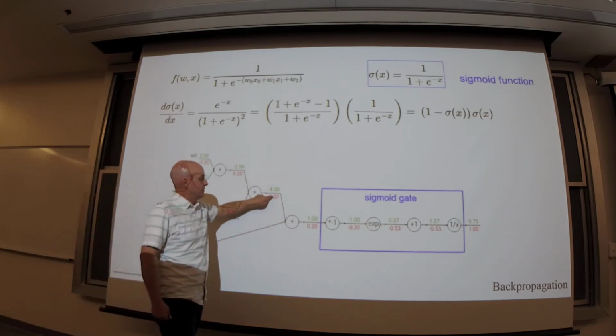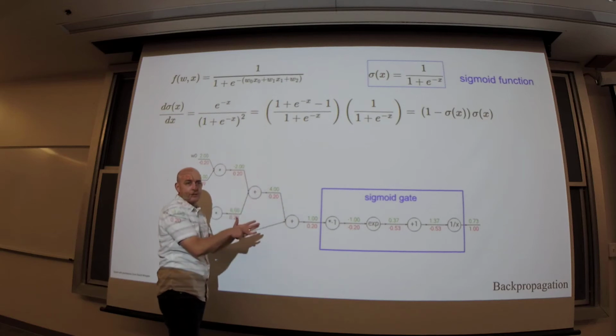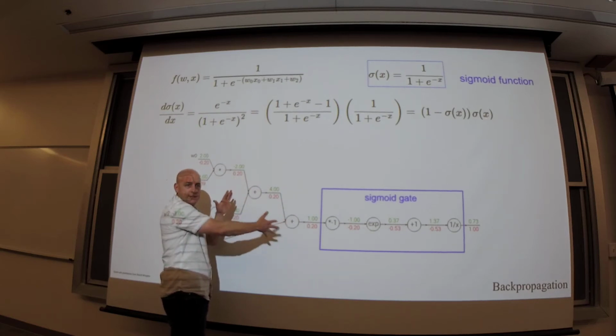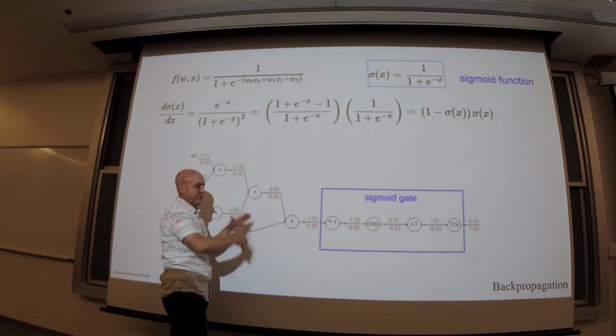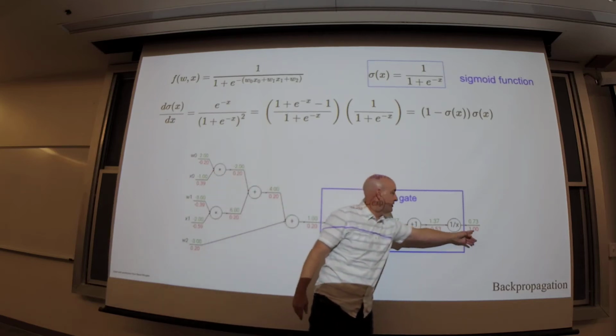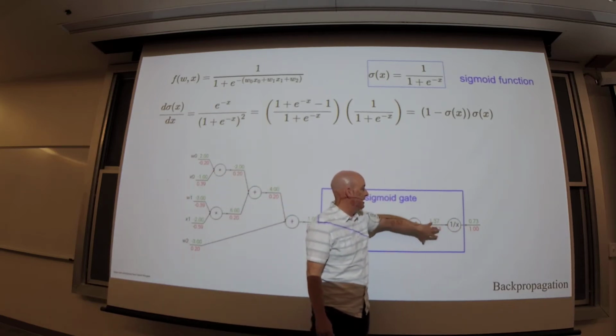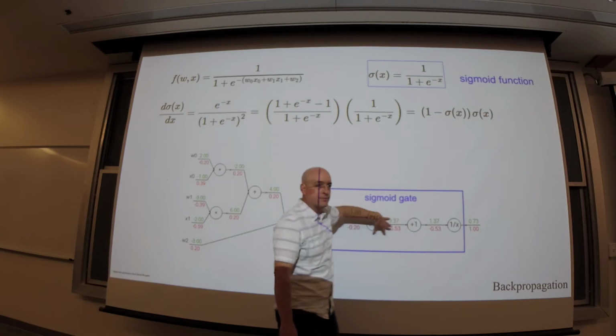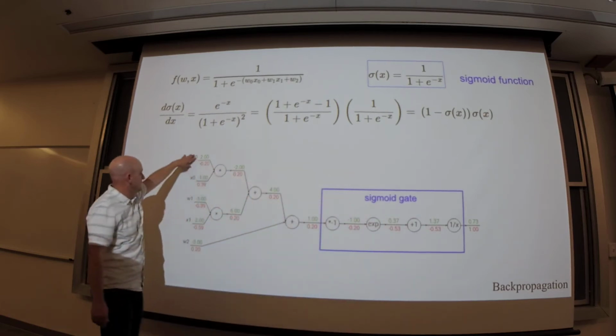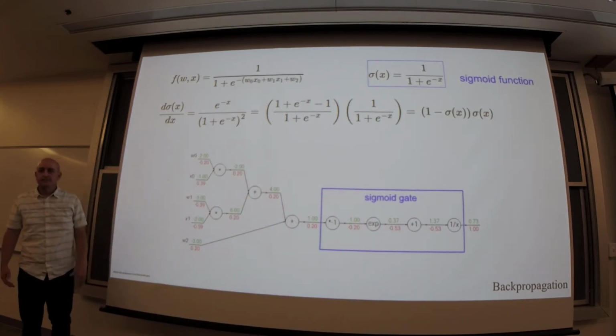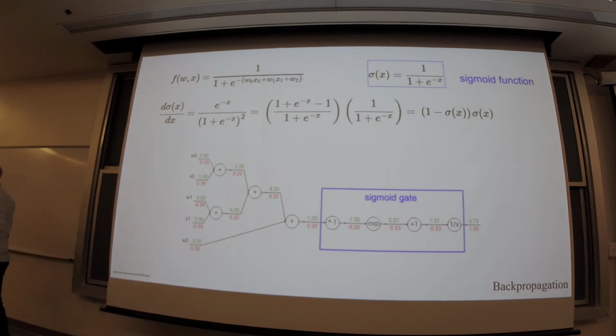Each one of these is a partial derivative of f with respect to some variable in this computation. The first one is with respect to itself. And as you work back, it's just with respect to the input into that node. So we worked our way all the way back to the weights, and that's what we needed to update our weights in the backpropagation algorithm.